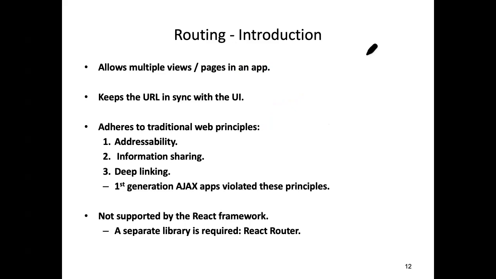So each page will have its own unique URL address. And of course, that's a fundamental principle of the way the web works. Back in the static web world days, as we clicked on a hyperlink, that caused the browser's URL address to change and the new page appeared on the screen.